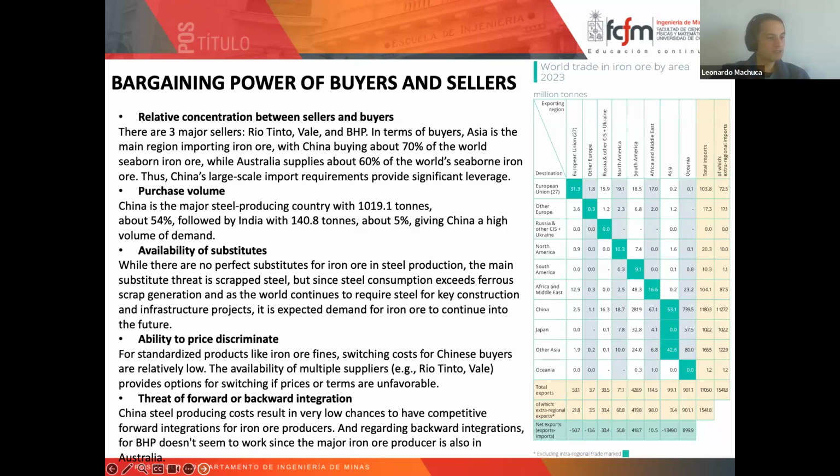And regarding backward integration, it doesn't seem like something that would work since the other major producer, which is within Chinese steel, is also in the region, Australia. Next.